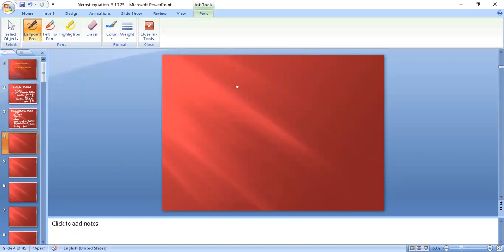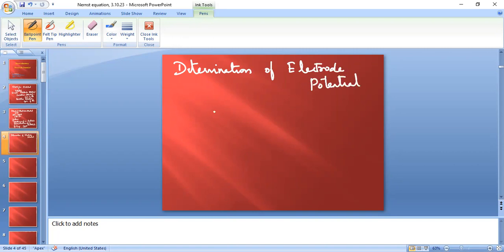Now, how to determine the electrode potential? We are going to see the determination of electrode potential, which you can also understand in terms of single electrode potential. For the mathematical determination of electrode potential, we use the equation known as the Nernst equation.